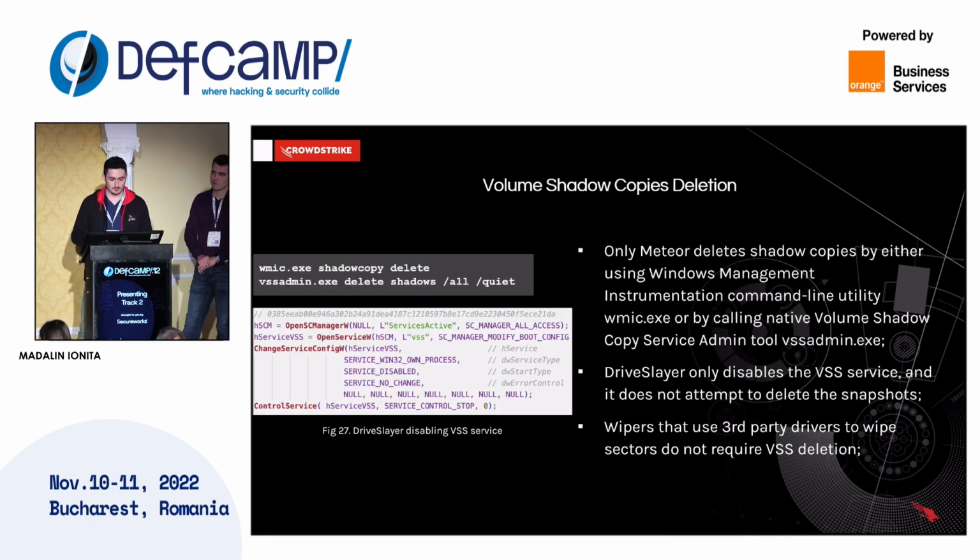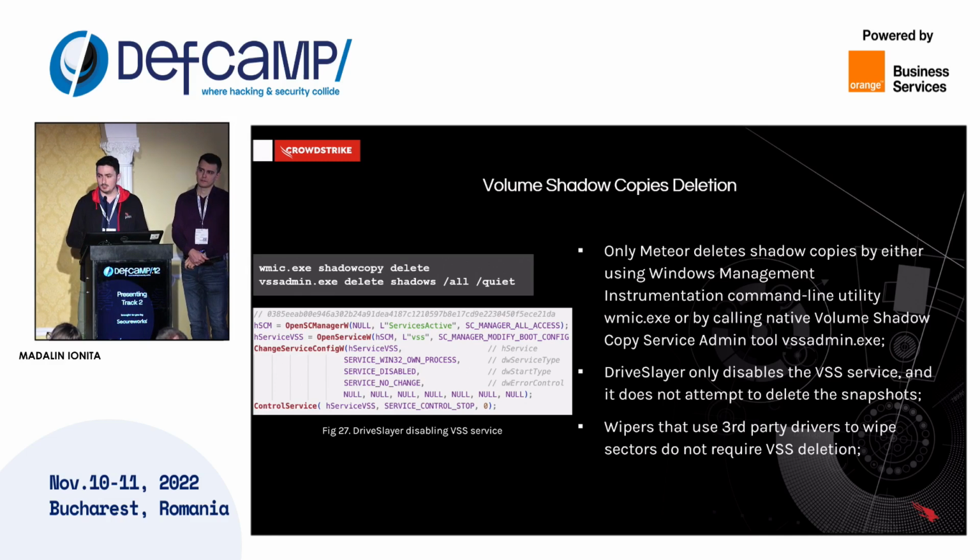When it comes to volume shadow copies deletion, we've only seen one sample, namely Meteor, which deletes the snapshots either via the Windows Management Instrumentation command line utility or using the standard VSS admin tool.